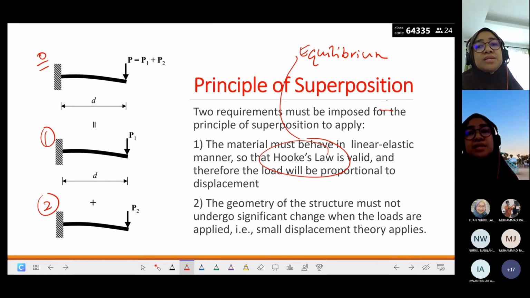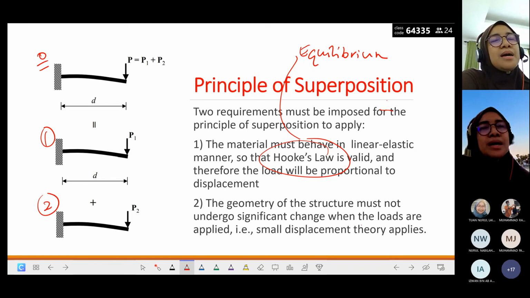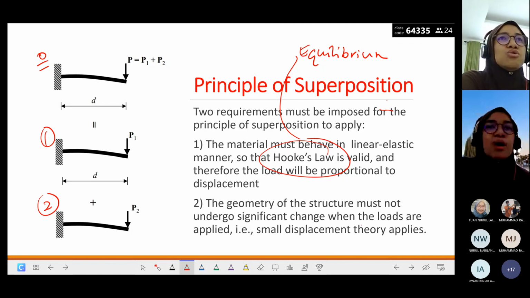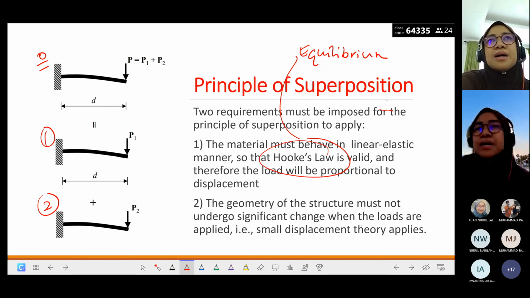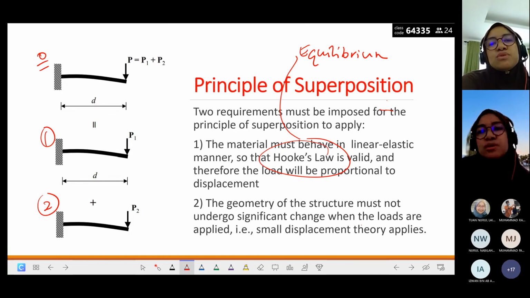Because in real conditions, there are many uncertainties. So when we calculate reactions using the equilibrium equation, we have already assumed that all materials we analyze fulfill Hooke's law.